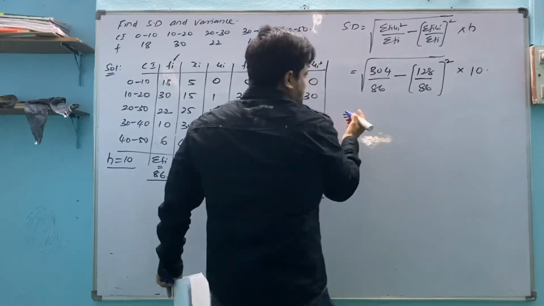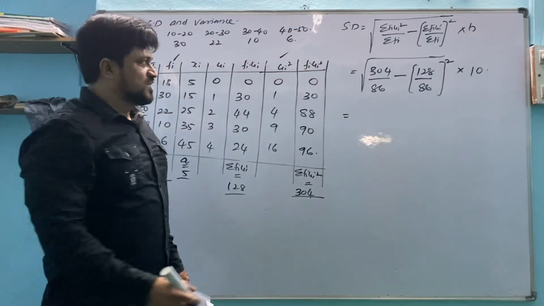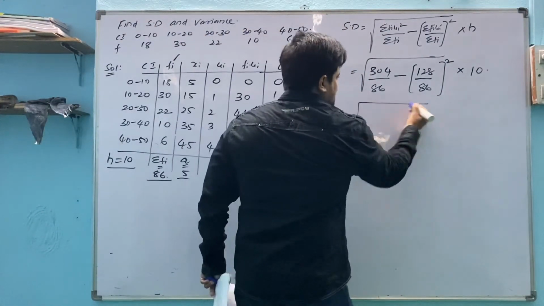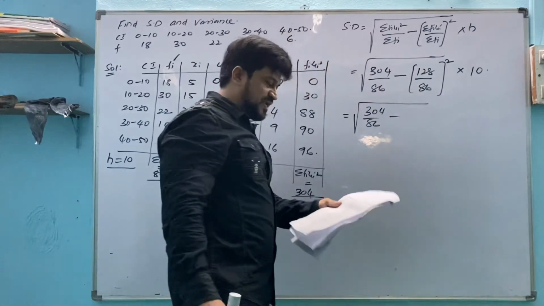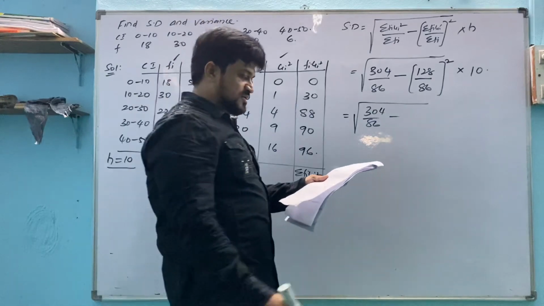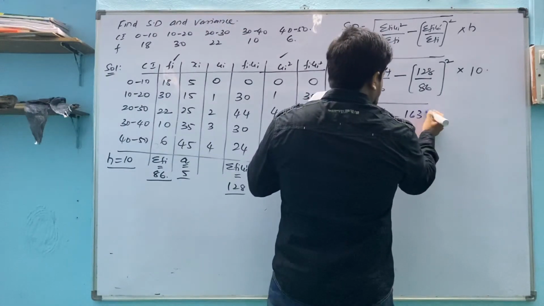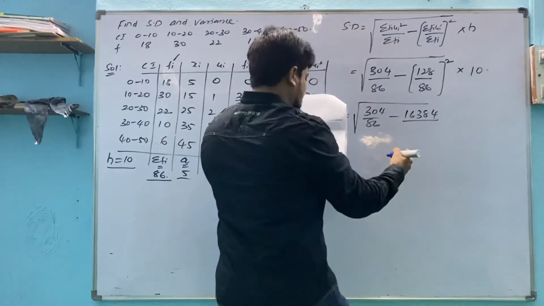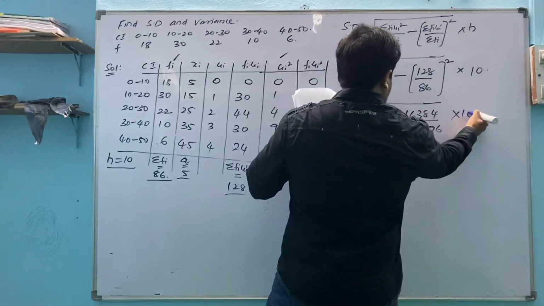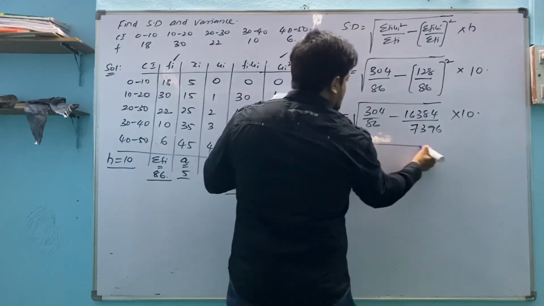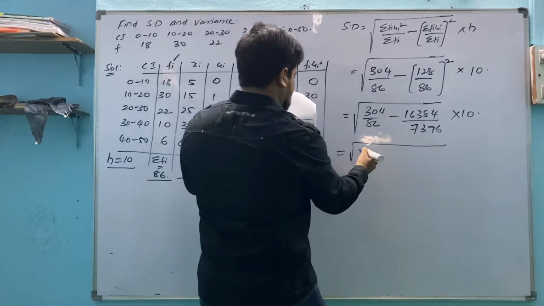Now maximum people make mistakes right here. What you should do is first write down the values as they are, 304 by 86 as it is. Square them, 128 into 128, 86 into 86, into 10.